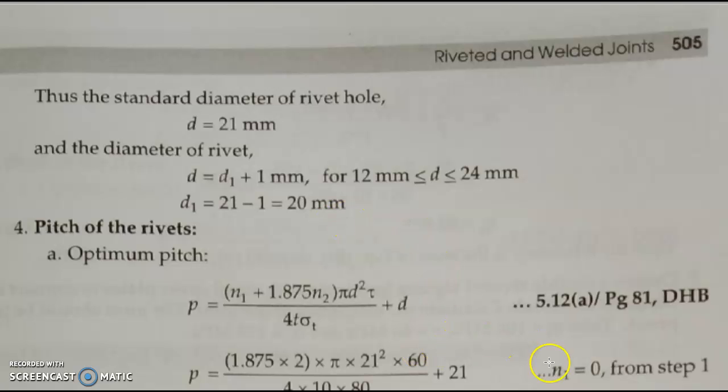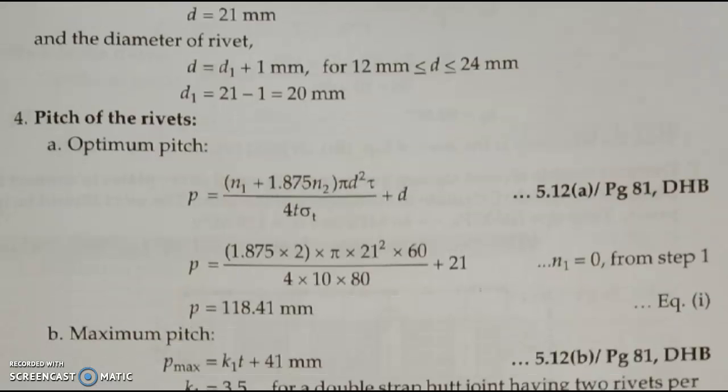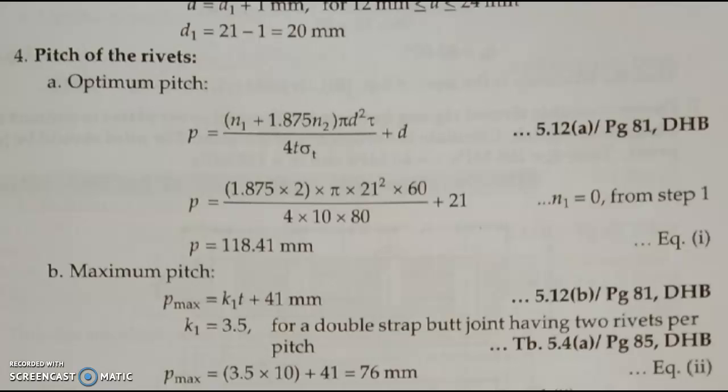After that we have to find the value of pitches. How can we find the value of pitch? There are two values. First one is optimum pitch and second one is maximum pitch. The optimum pitch we get from equation 5.12a on page number 81 of the data book.